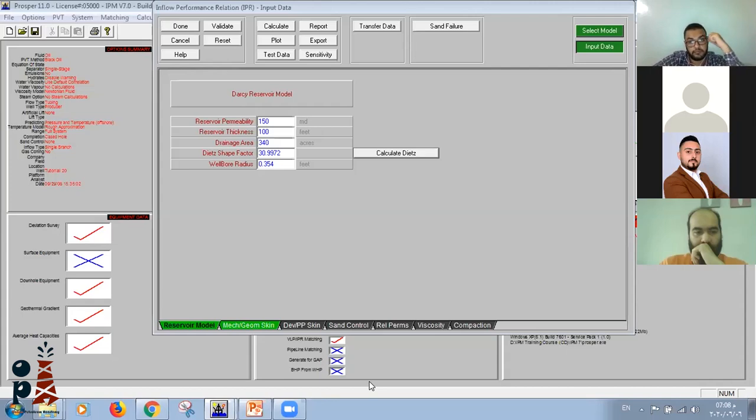So it's not the optimum. At this point the reservoir can deliver this rate with this pressure, and along the wellbore I can use this pressure to deliver this rate. So the intersection is the value at which I can produce.